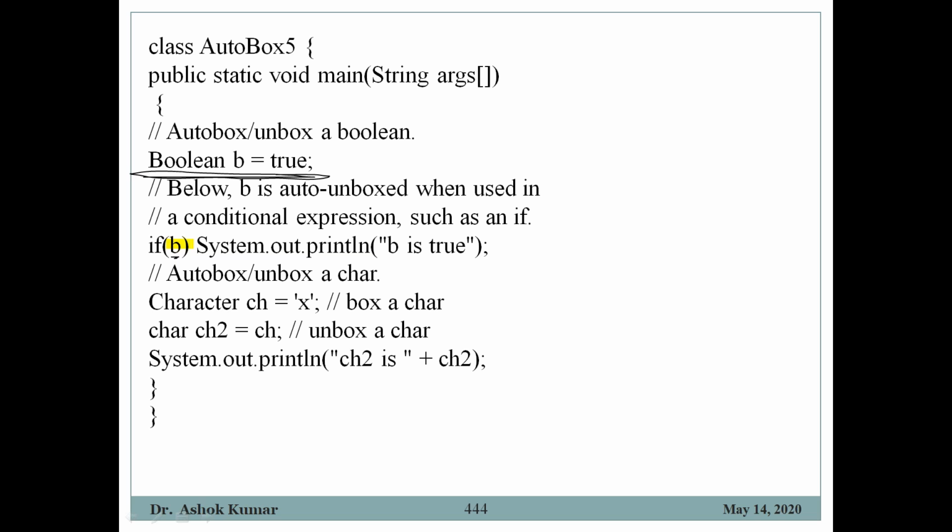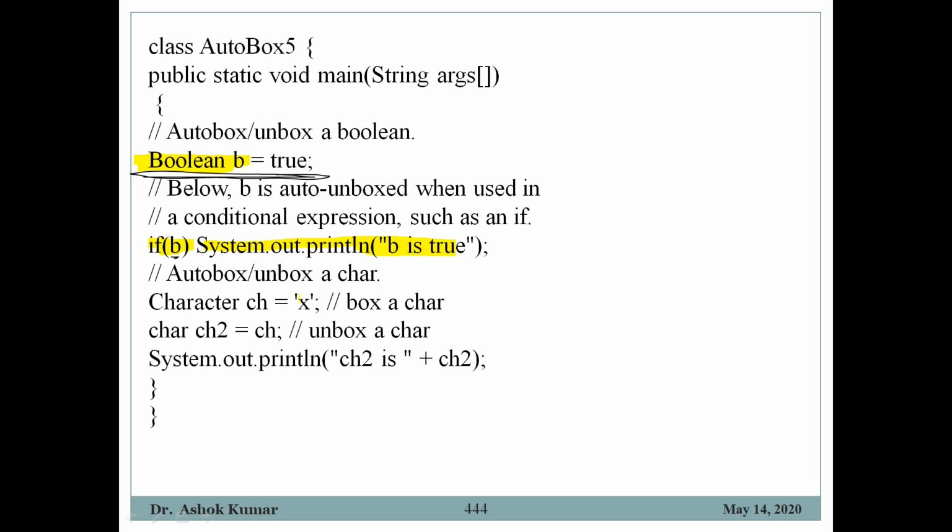In case of if, which operates on the fundamental boolean type, this b that is reference to the Boolean wrapper class will get converted into the fundamental type. So here in case of if, the auto unboxing operation will be performed, because its value is true, so this will be converted to fundamental boolean true, and because if is true, this expression will be evaluated and you will get the value b is true on your screen.